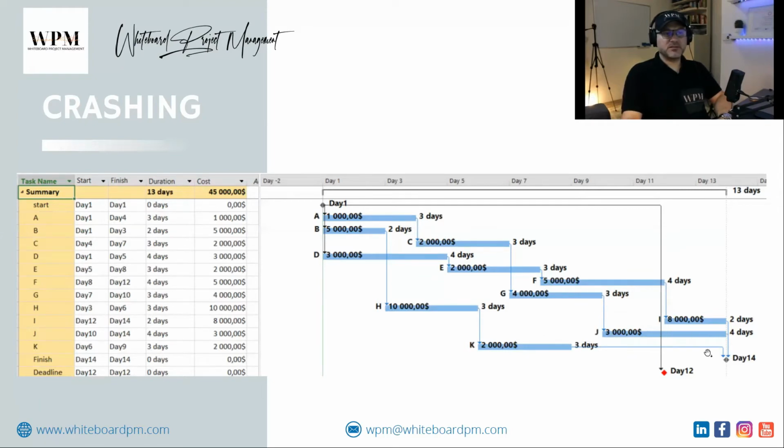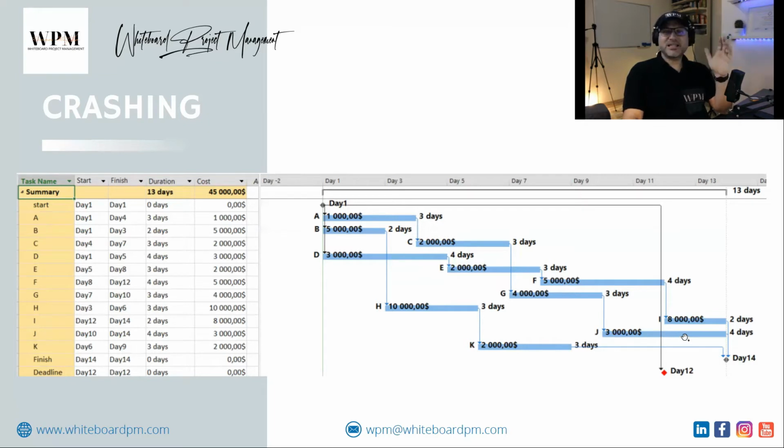It's floating, so it's not critical. Means I have 2 critical paths in this project. If I want to reduce day 14 to day 12, I have to reduce 2 days from critical path 1 and 2 days from critical path 2.